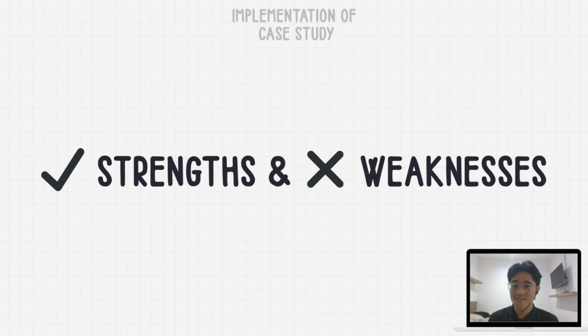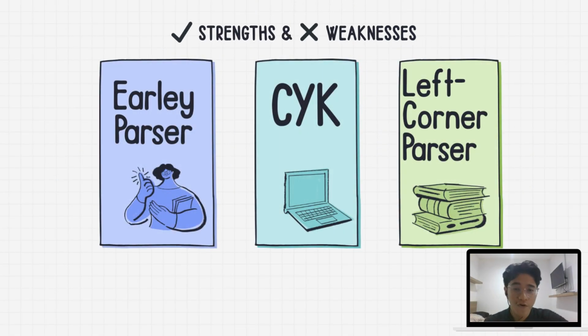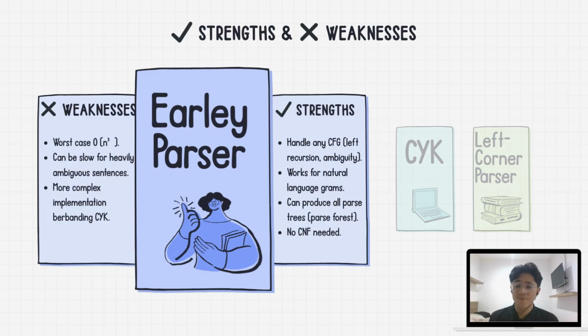Let's move on to the strengths and weaknesses of each algorithm. For the Earley parser, the first strength is that it handles any CFG, including left recursion and ambiguous grammar. The second is that it works well for natural language, which is usually messy and ambiguous.